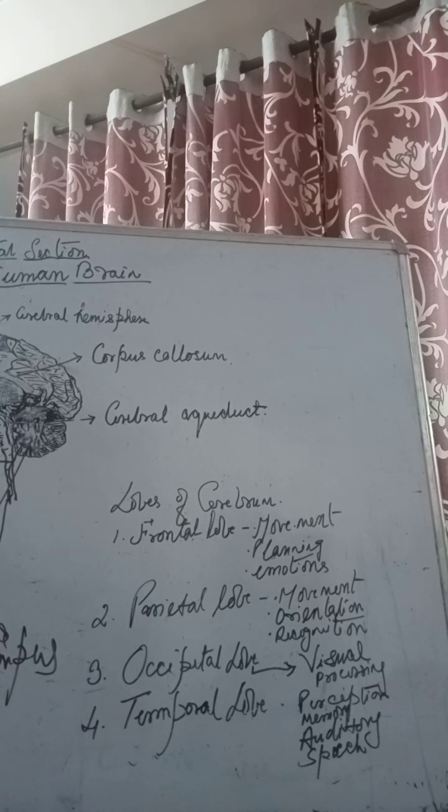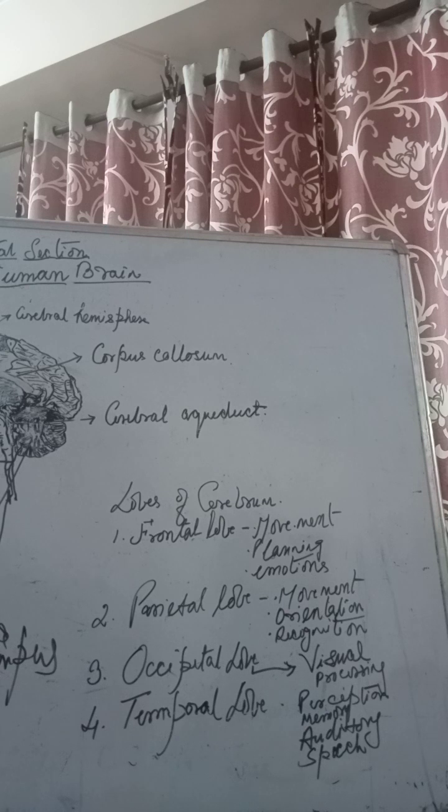And you have also studied the reflex action and the reflex arc in the earlier classes, especially in class 10. So you are remembering that the reflex action is the immediate involuntary action in response to a certain stimulus.